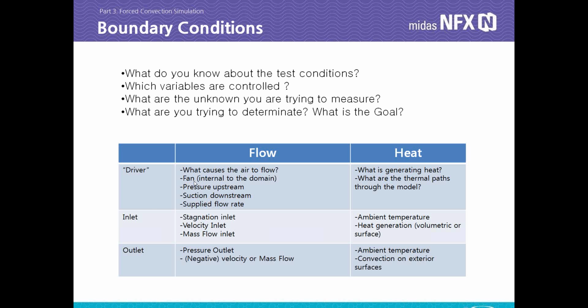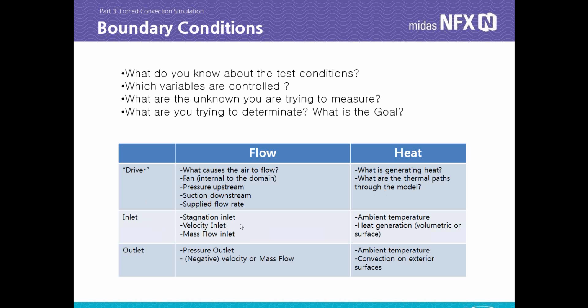Where are the fans? So maybe you have internal fans. Where is the pressure upstream? Or maybe do you have a suction downstream, what is the supply flow rate, and about the heat, what is generating the heat in my model, what are the thermal paths through the model.